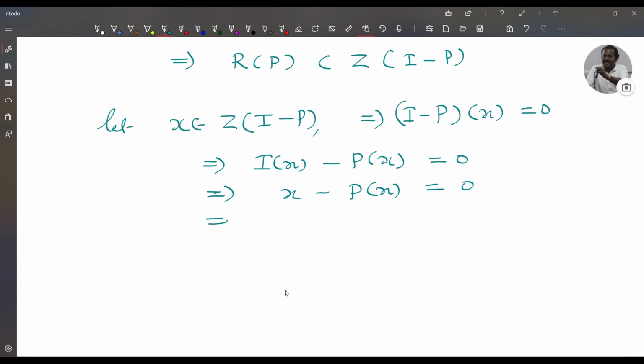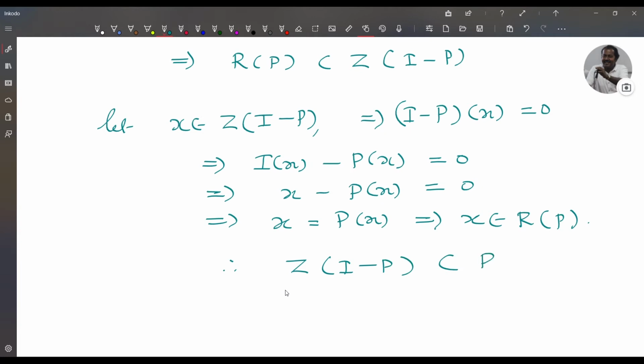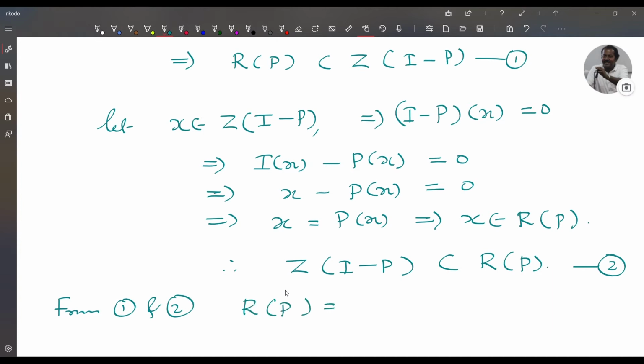So this implies X equal to P of X. So this implies X belongs to the range space of P. Therefore, null space of I minus P is contained in range space of P. Therefore, if you take this as 1 and this as 2, from 1 and 2, range space of P equals null space of I minus P.